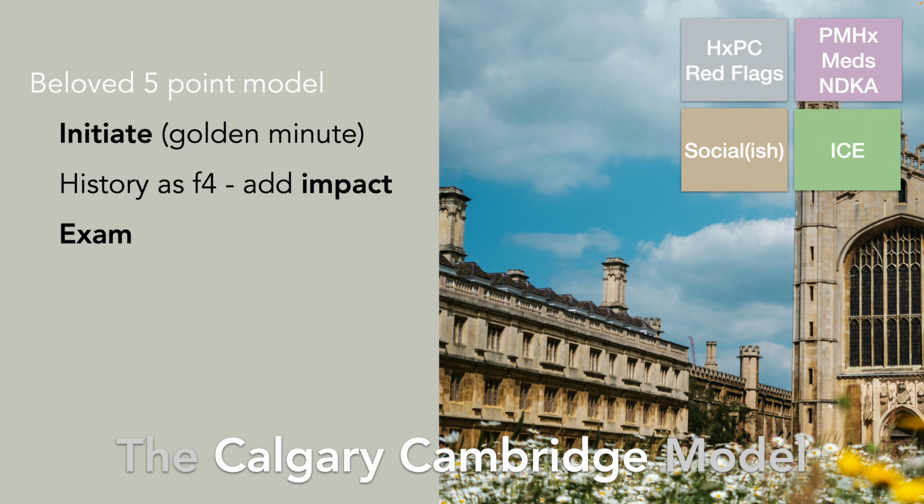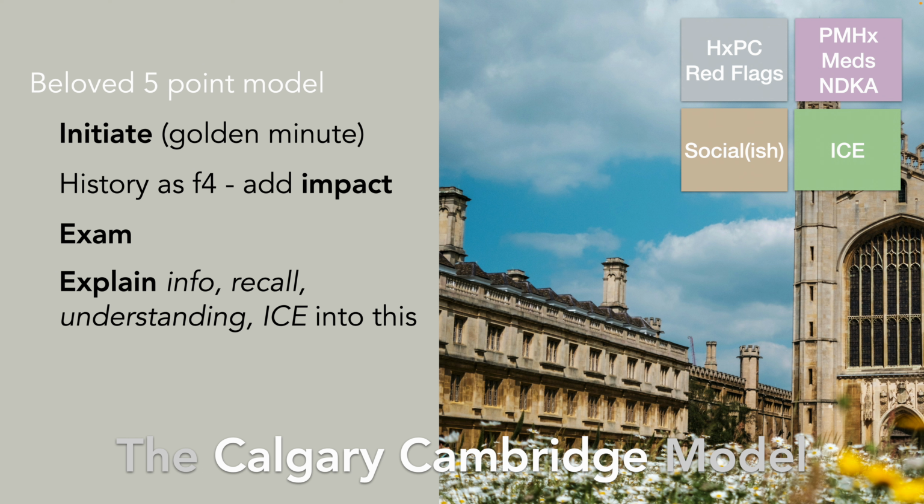So the exam, as we well know, then explain. The explanation is about information, the recall that you can then help them with, understanding, and putting ICE into the management plan. So you think it's this, but because of what we've done so far, I think it's probably not that. It's more likely to be this because of that. You're worried it's this. Now, I agree that's a concern.